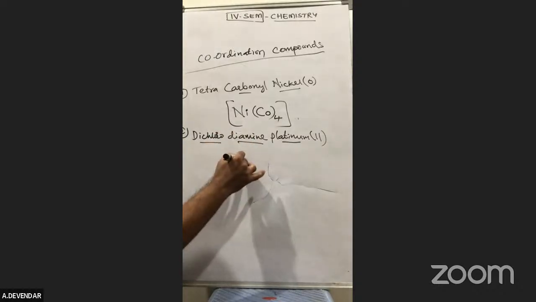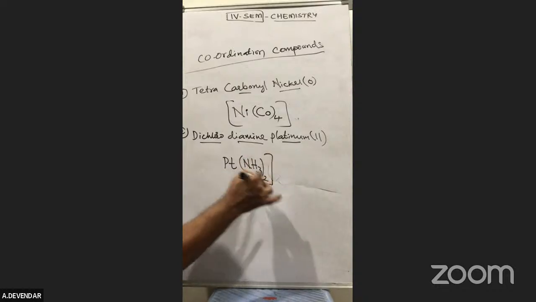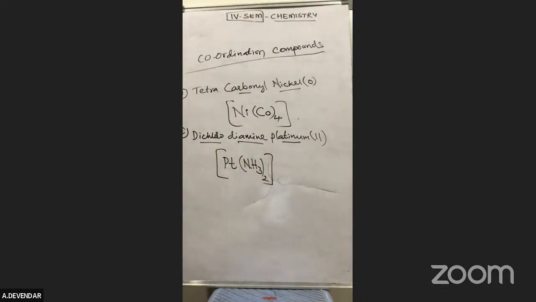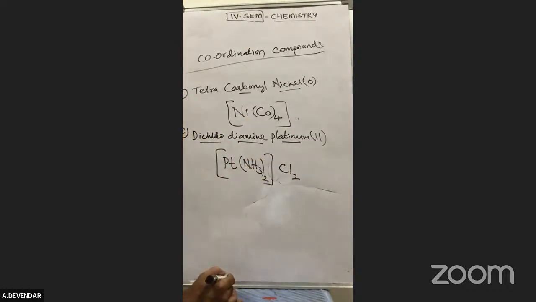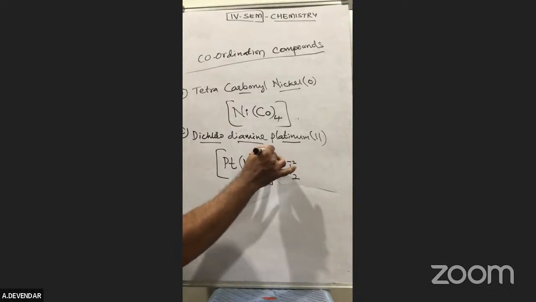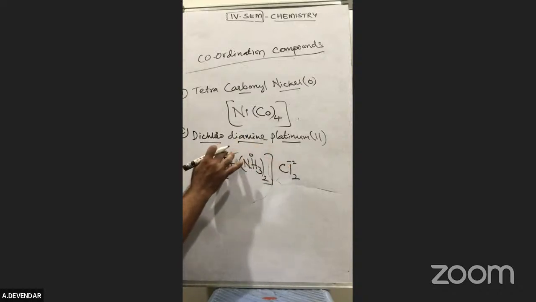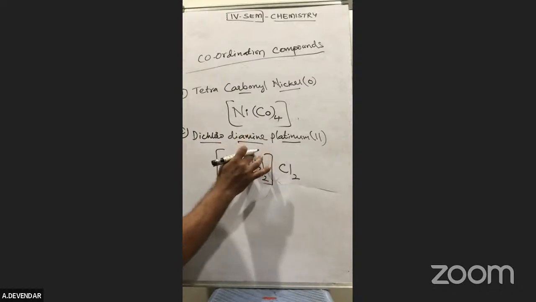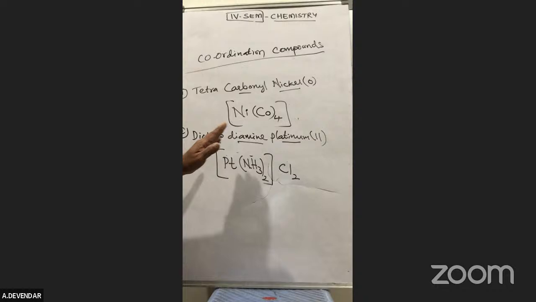How many amines are there? 2 amines, diamine, NH3 twice. It is a complex compound, so we put it in square brackets. How many chlorines are there? 2 chlorines, Cl2. Ammonia is neutral, oxidation state 0. Each chlorine is -1, so the total balances with the +2. Don't write these oxidation states; the +2 is just an indication. So dichlorodiamine platinum means this is the structural formula.